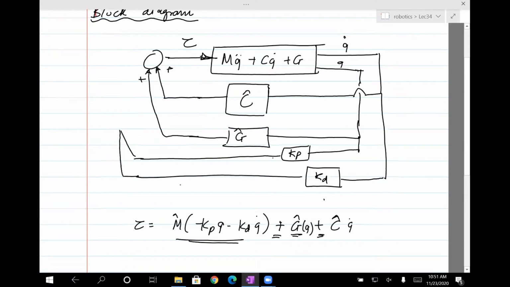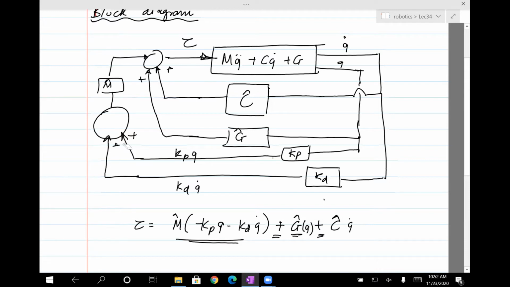So we have here kd times q dot, kp times q, and you need to sum them up first. The summing block is always a circle. And once they're summed up, you have to multiply with m hat, and once you multiply with m hat, it gets fed back to this.